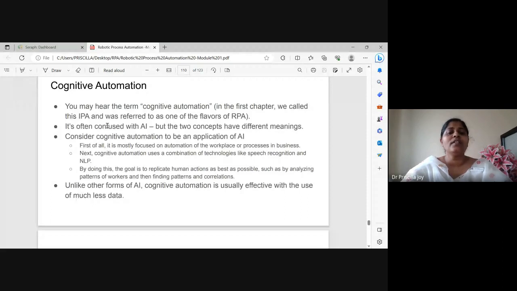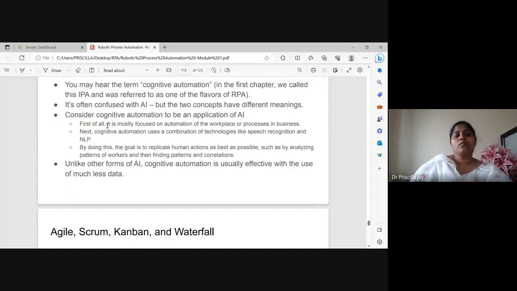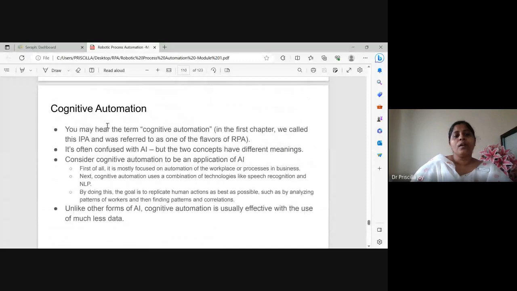So for finding that pattern matching as well as finding the correlation, we'll be using such analyzing patterns which are available with the help of Microsoft contents or some other tool, and with the help of it we can find the patterns which are matching. So these are some of the cognitive automation concepts which we'll be using in the RPA.